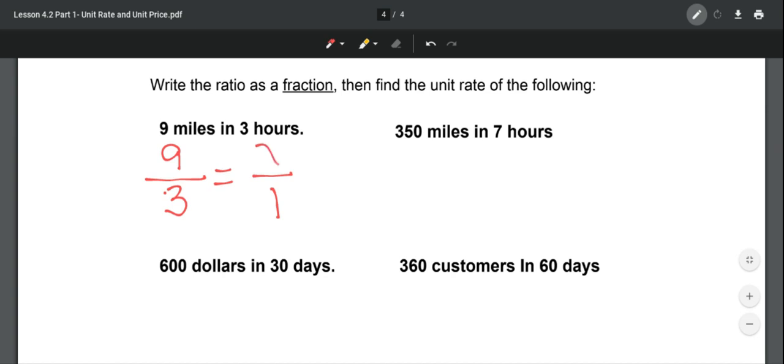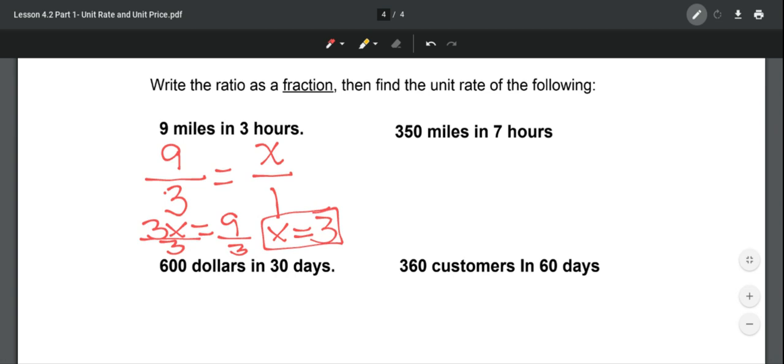Therefore, if we put an X on the top, we will now have a proportion we could use to figure out how many miles per hour. So 3X is equal to 9, divide by 3 on both sides, and we learn that X equals 3.